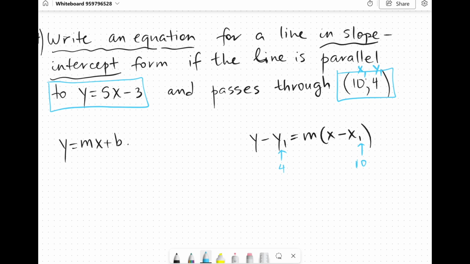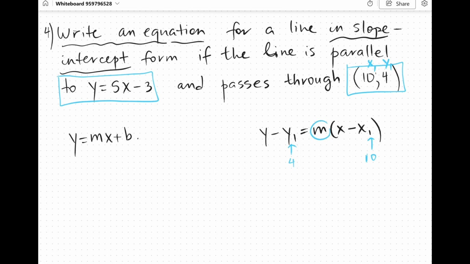The slope, now we need this m. And that's where the equation of this other line comes in handy, because the line that we're writing for, which is this line here, is parallel to this line. Parallel lines have the same slopes. Ask yourself, what is the slope of the line y equals 5x minus 3?